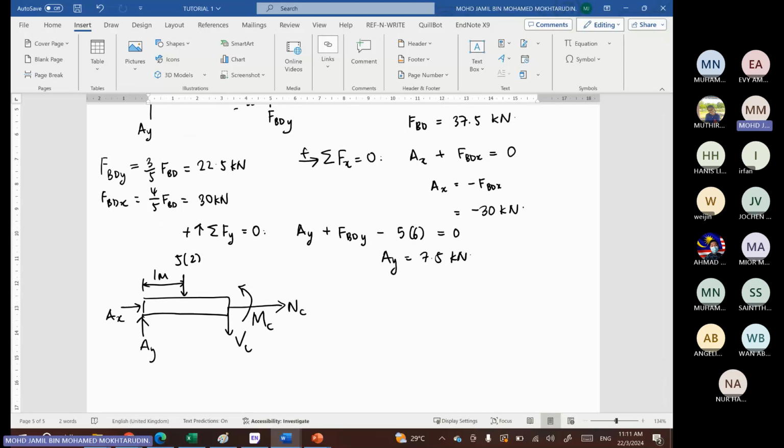Okay, so repeat the process. So force in the X direction equals 0. So we have NC plus AX equals 0. So NC equals 30 kilonewton. Okay. And then we have force in the Y direction.